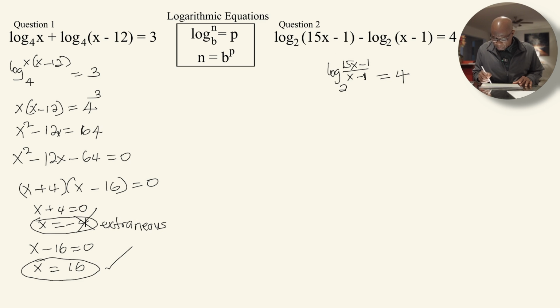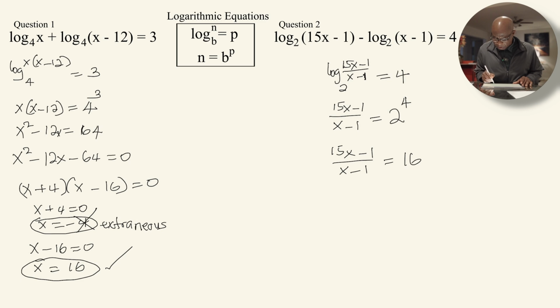So now we're going to again use the definition of log. That means 15x minus 1 over x minus 1 is equal to 2 to the power 4. That gives us 15x minus 1 over x minus 1 is equal to 16. 2 times 2 times 2 times 2 is 16.